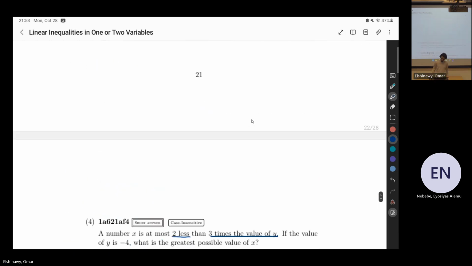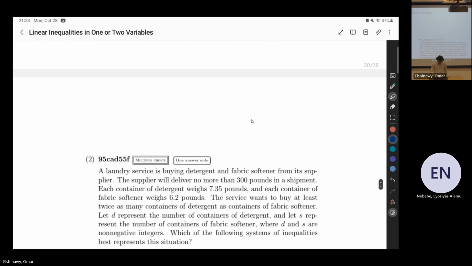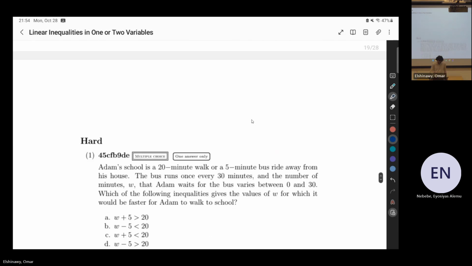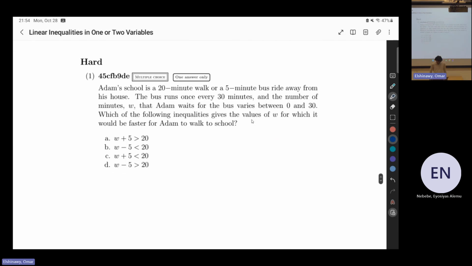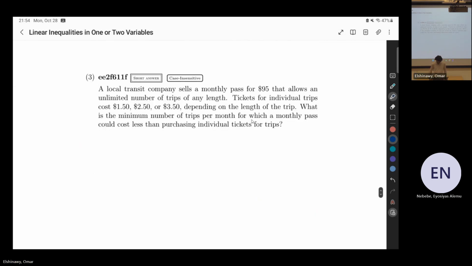Now, perhaps we can do one more problem. No, it's not good. This is not difficult, actually. It's more difficult. This one is good. This one is nice. It has a genuinely good idea.